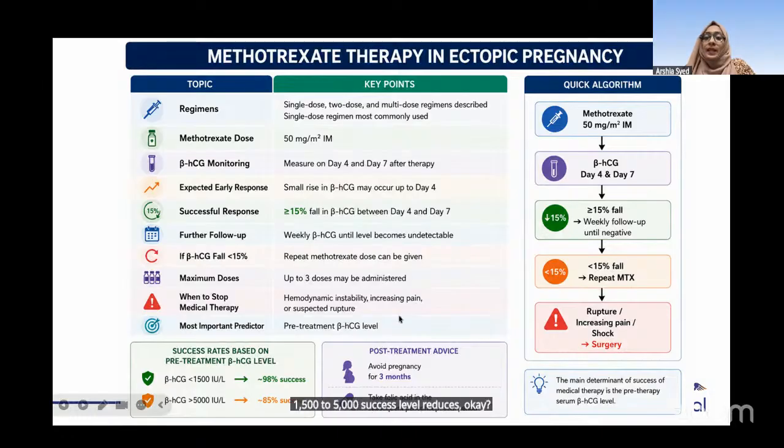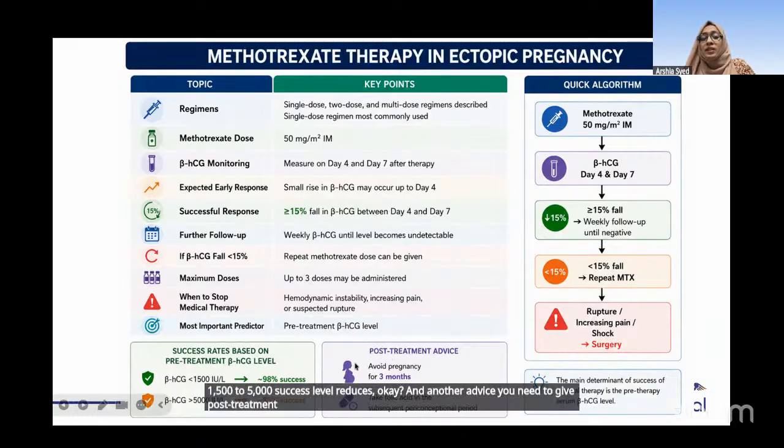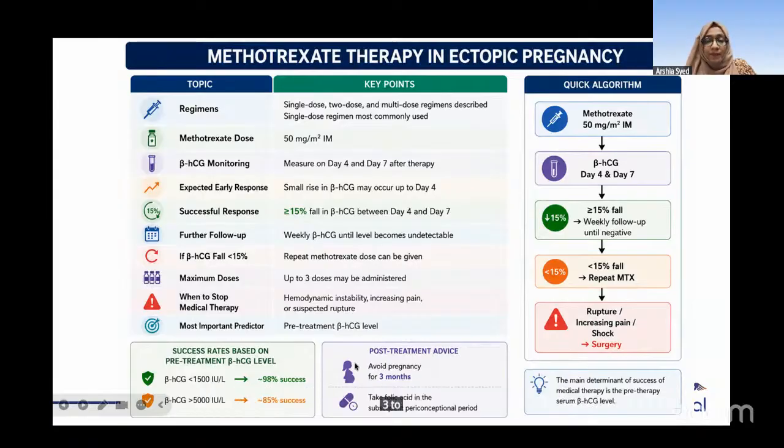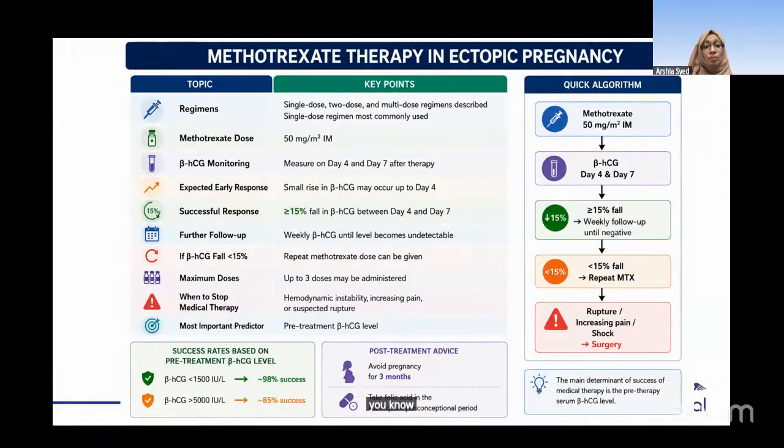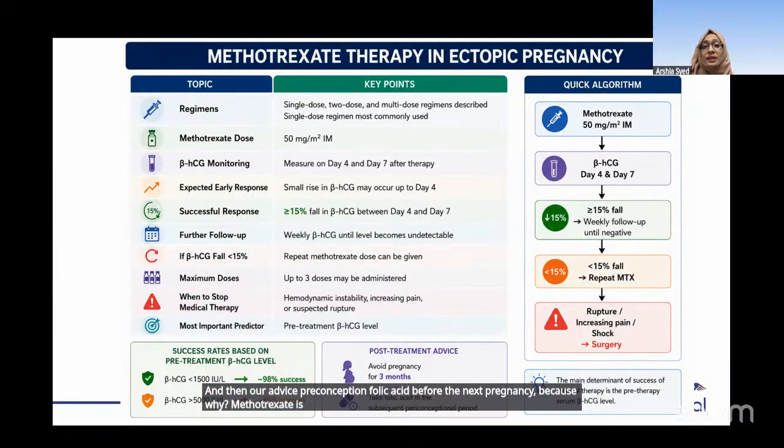Another advice you need to give post-treatment is to avoid pregnancy for the next 3 to 6 months. Because if she gets pregnant and the beta-HCG is still on the detectable side, we'll not be able to distinguish. And then advise preconception folic acid before the next pregnancy, because methotrexate is a folate antagonist.